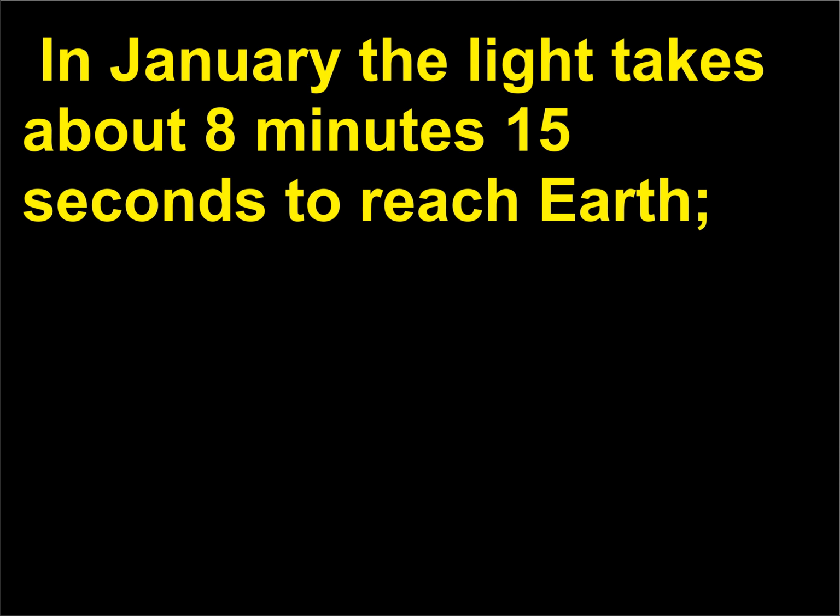In January, the light takes about 8 minutes 15 seconds to reach Earth. In July, the trip takes about 8 minutes 25 seconds.